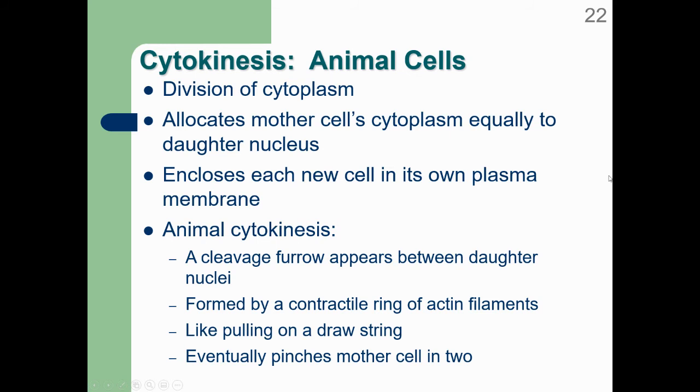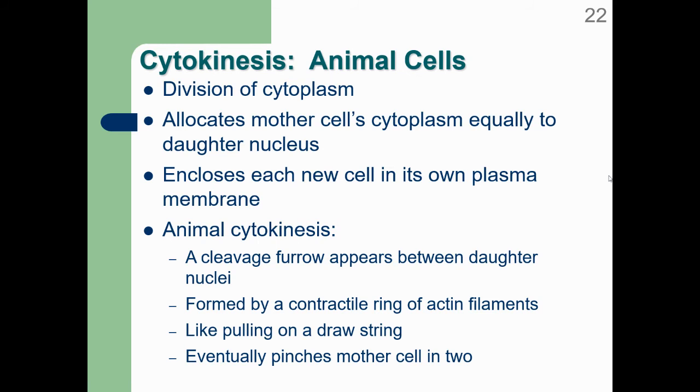So cytokinesis, the actual division of the cytoplasm, divides the cytoplasm from the original parent cell or mother cell equally around each of those daughter nuclei. And then it results in each new cell being enclosed in its own membrane. In animals, I get that cleavage furrow as the membrane starts to pinch in to separate out the 2 nuclei.